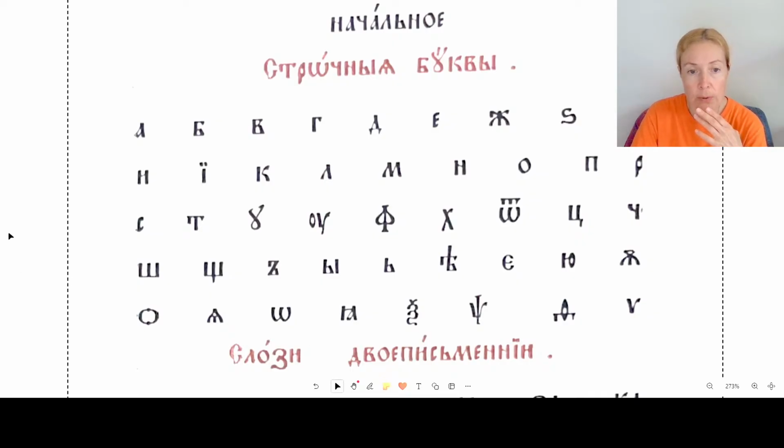What I'm doing right now is reading the sounds, how these letters sound, because these letters also have the names, as I said, as, buki, vedi, glagol, dobro, and so on. But right now we're focusing on the phonetics, okay? So what sounds? How do we read them? And let me do that.